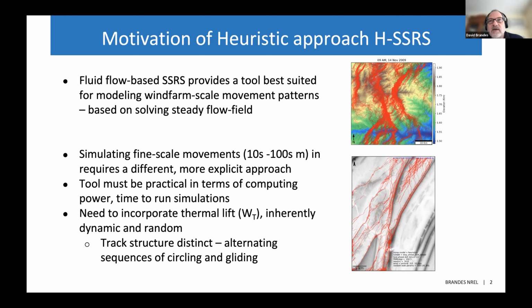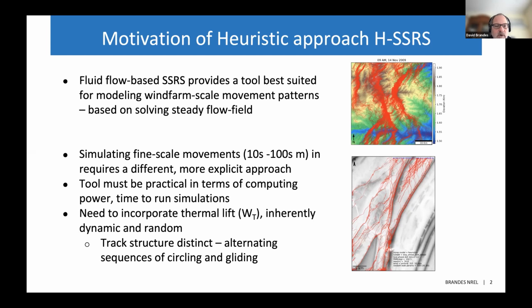Orographic updraft is certainly used when available, but thermal convective lift is something we really have to build into this. And the tracks that you get when birds are using thermals are quite different in structure than a bird that's moving along a terrain feature where they're using orographic lift. You get these sequences of soaring and gliding, and that's what we would really like to be able to simulate.